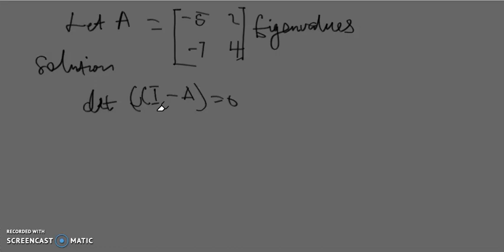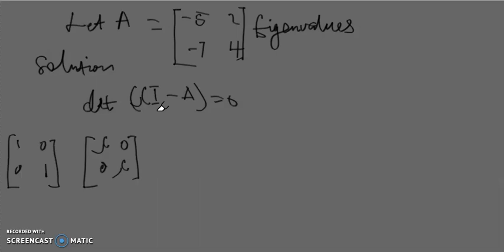This implies that we need to multiply this lambda by identity matrix so that we end up with lambda 0 0 lambda. I have multiplied lambda with an identity matrix instead of writing identity matrix, which is 1 0 0 1. So that's exactly what I did.